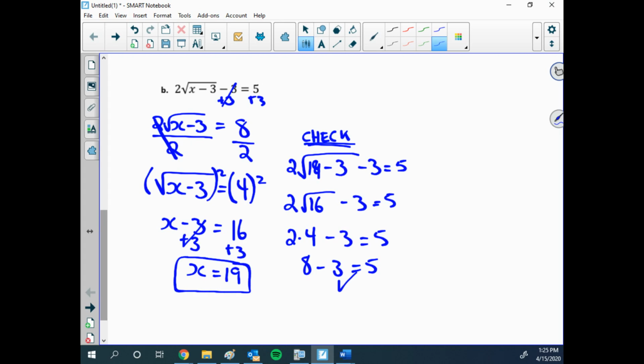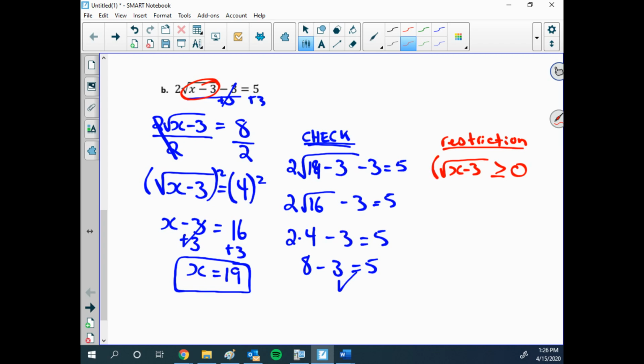I also, in talking about this equation, need to talk about the restrictions on the domain. I do the same thing as before, where I look at just what's in here. For the square root of x minus 3, we want to find where that is greater than or equal to 0.